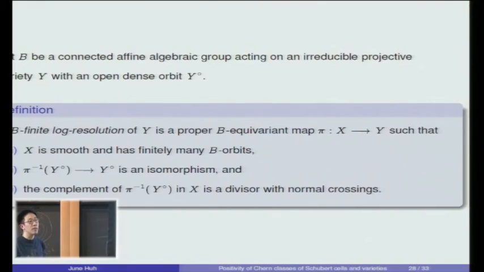It is possible that you have a projective variety with an open dense orbit and finitely many orbits, but whenever you try to resolve it in an equivariant way, in whatever equivariant way, you are forced to produce infinitely many B orbits at infinity. That could happen. So I want to avoid that. So that was the definition of a B-finite log resolution.